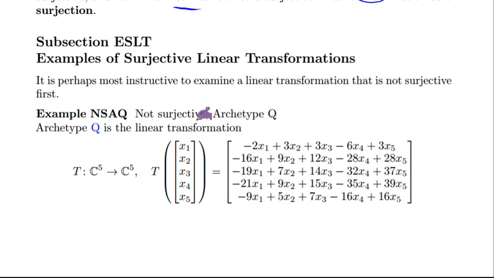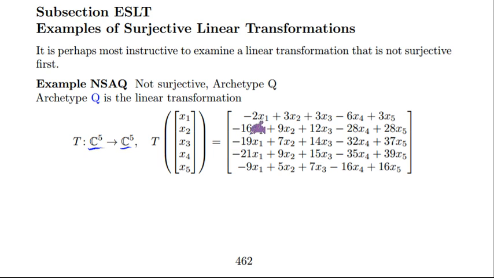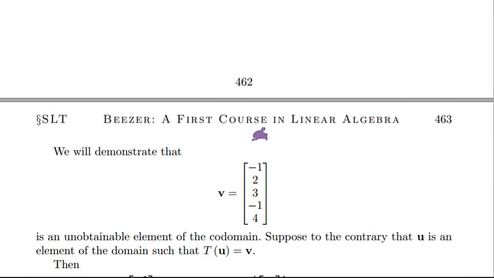So here, let's see. Here's a case of a linear transformation that's not surjective. Here it's defined like this, and we know that we can relate this to a matrix.